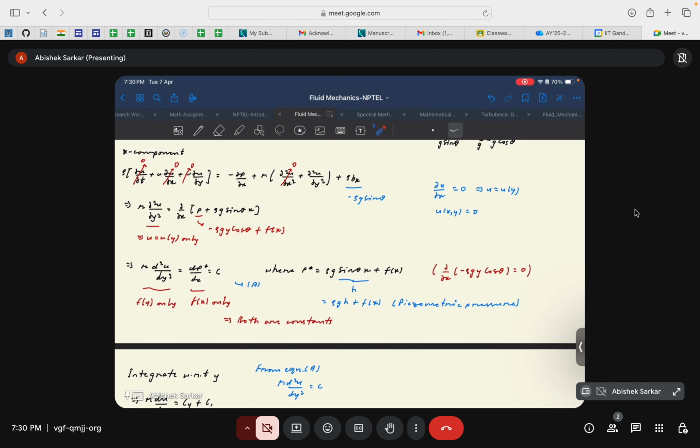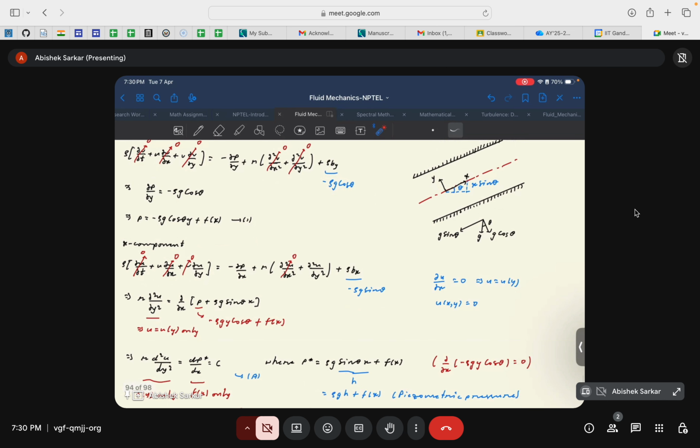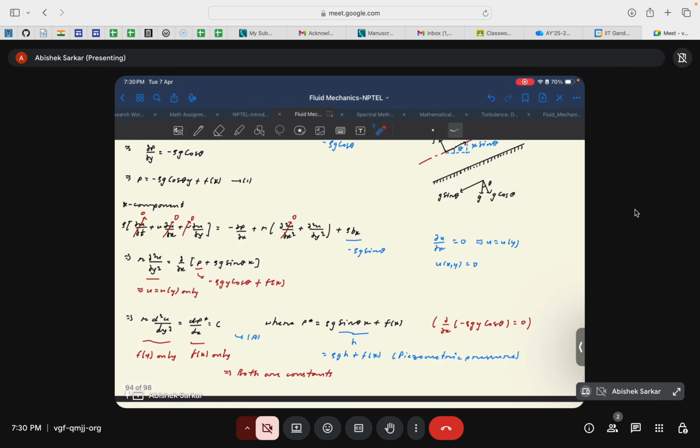So we'll have ∂/∂x of rho g sin theta x, that will be equal to rho g sin theta, plus some function of x, that is f of x, say f'(x). So p* should essentially be rho g sin theta x. If you go back here, x sin theta will basically give you the vertical height h, so we have rho g h plus some function of x, f(x).